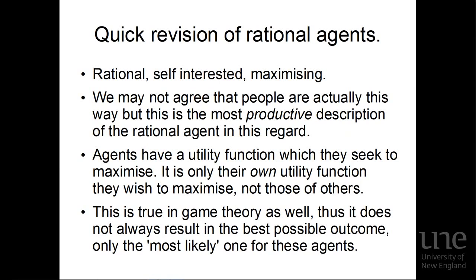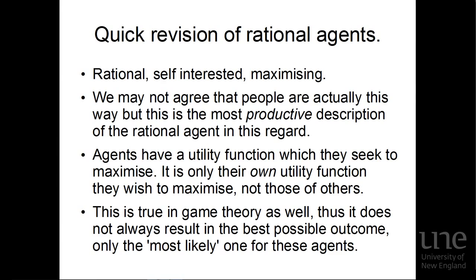Okay, so, given that, we need to have a quick look at instrumental agents just to brush up again. So, what is an instrumentally rational agent? Well, they are rational, they are self-interested, and they are maximizing. Now, this all sounds rather cold, but this is essentially what the self-interested rational agent boils down to. Self-interested, rational, maximizing.